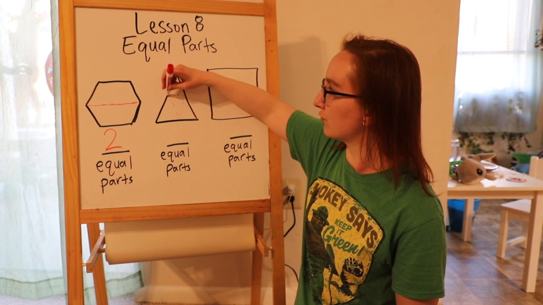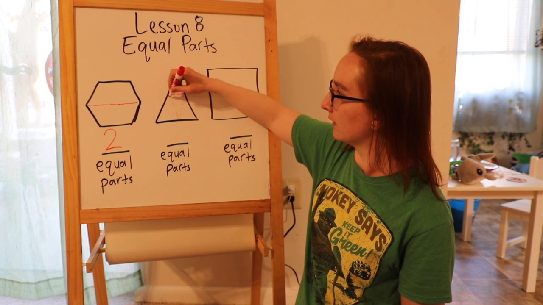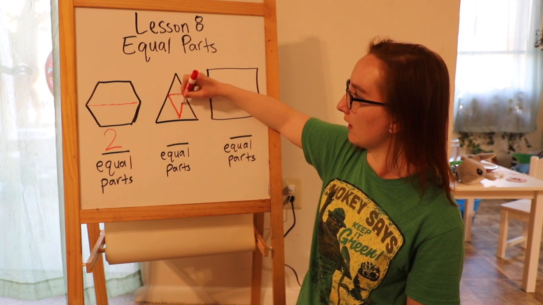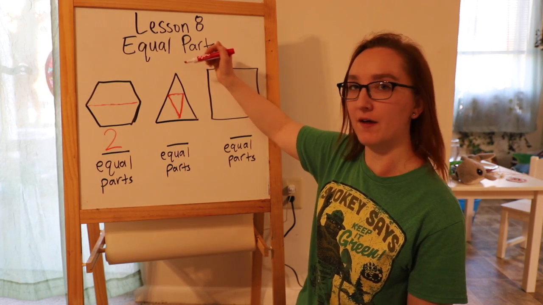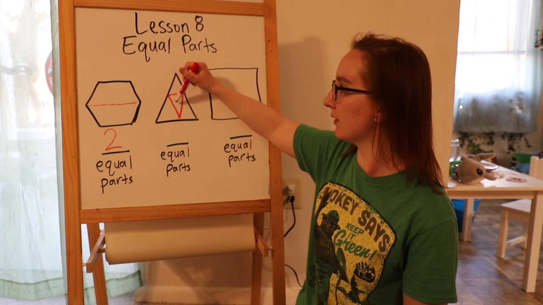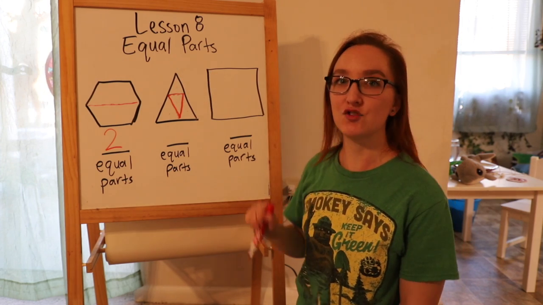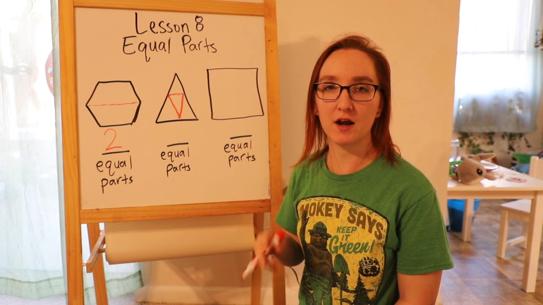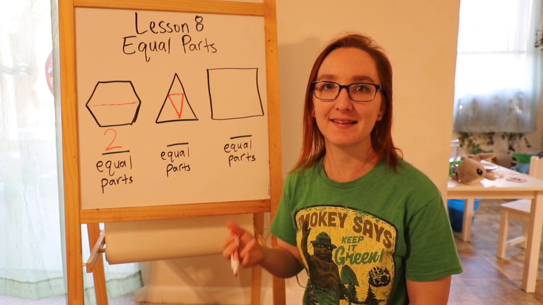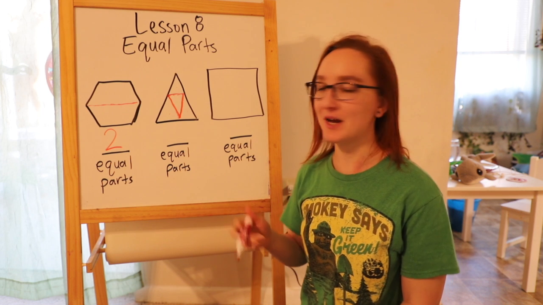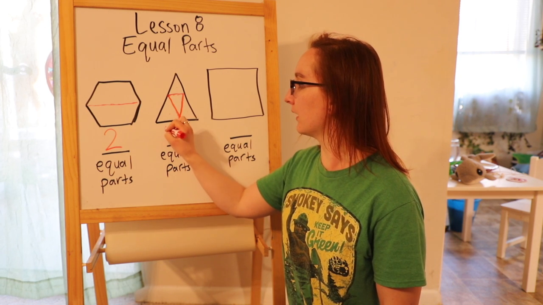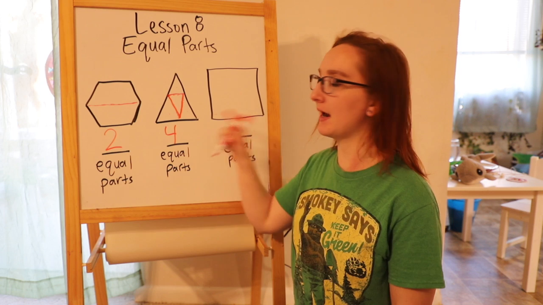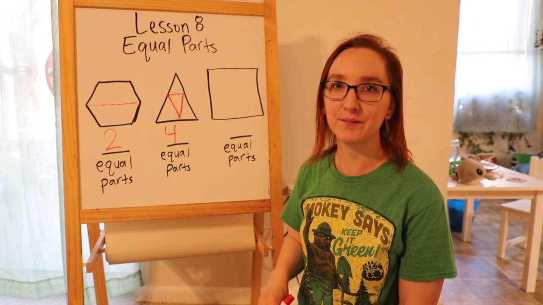So we're going to trace our lines just like that, and we'll find that we have 1, 2, 3, 4 triangles that make up this big triangle, and all 4 of those triangles are going to be the same size and the same shape. So we're going to say it takes 4 equal parts to make this big triangle.